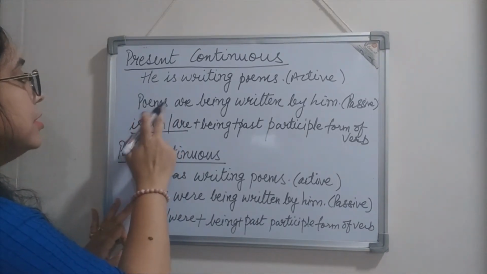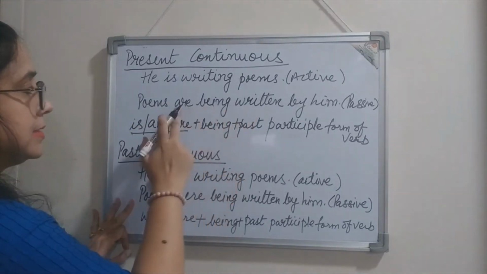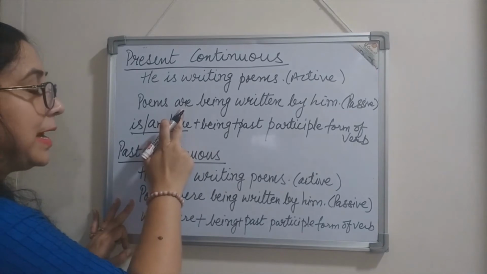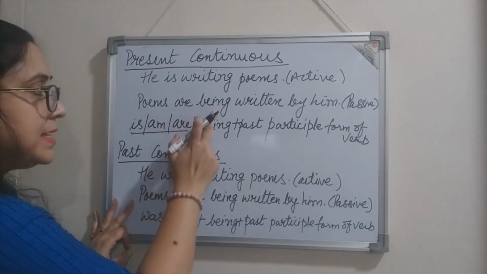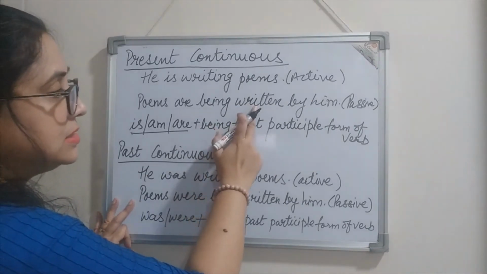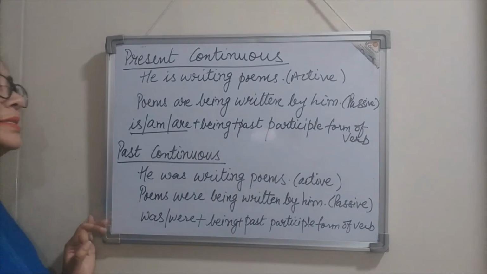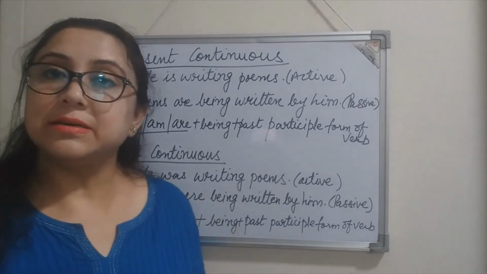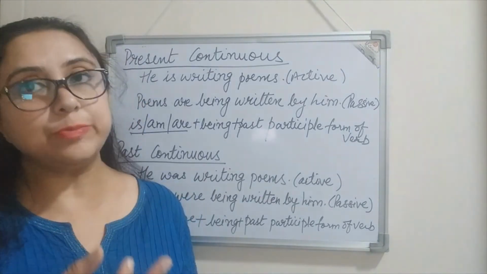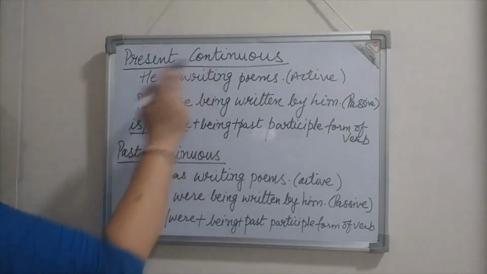Okay, so poems are being written. Are is used, the helping verb are is there, then being gets added, and then the third form, that is the past participle form of verb.